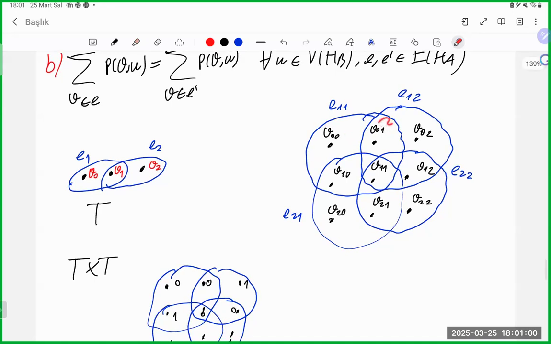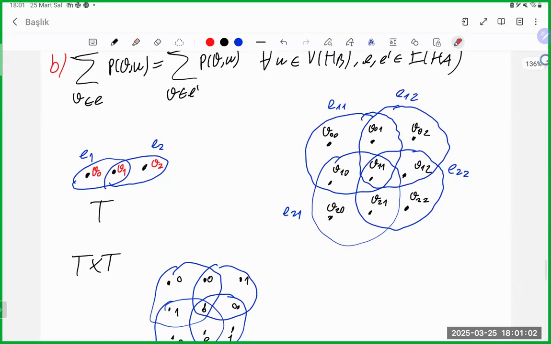Those two give the probability of Alice measuring 0, and those two should be equal, because if they are not, Alice, without changing her measurement, can sense what Bob chose as a measurement.